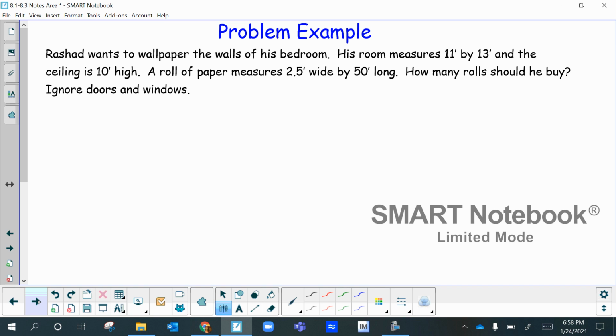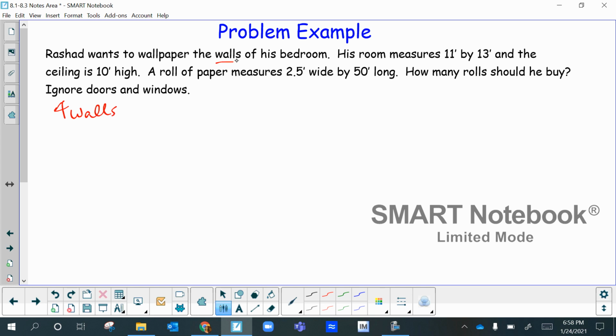We'll leave that alone. So let's just say we're dealing with some rectangles. How many rectangles do you want to wallpaper? 4 rectangles, because he has 4 walls. Okay, we usually don't do the ceiling, and it doesn't say he wants to wallpaper the ceiling. So 4 walls.